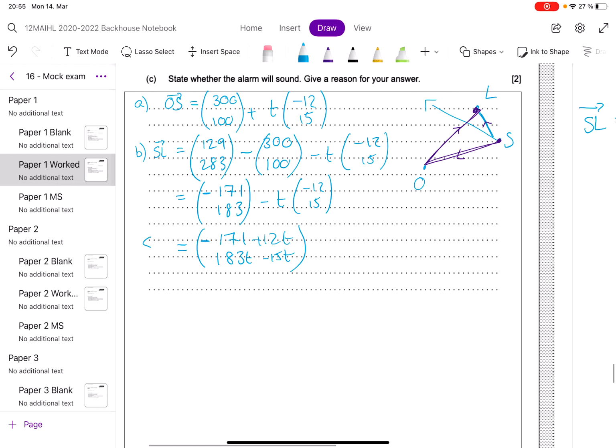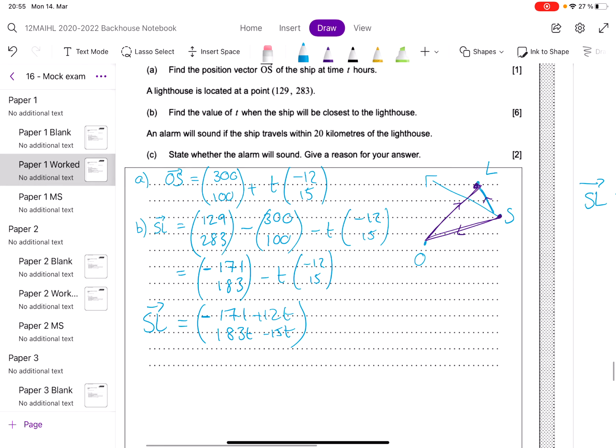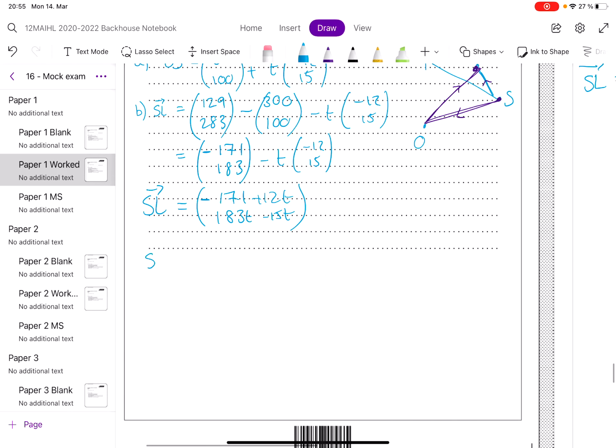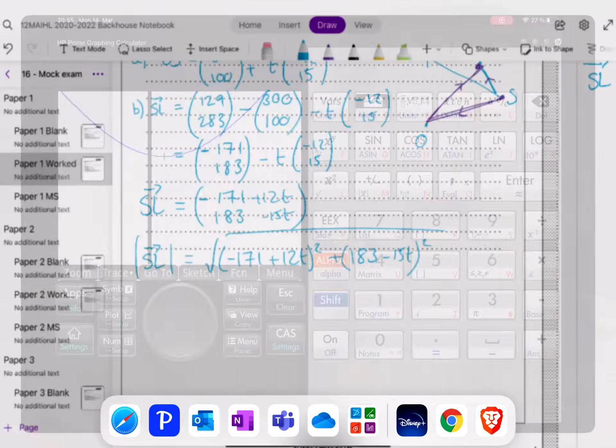Now, that is a vector from S to L. We want to find the minimum distance, the closest to the lighthouse, so the minimum distance. So the distance is brought to us by Pythagoras' theorem. Don't know why there's a t on there, there shouldn't be, sorry, let's get rid of that. Minus 15t squared. Okay, if we graph this, we should be able to find the minimum.